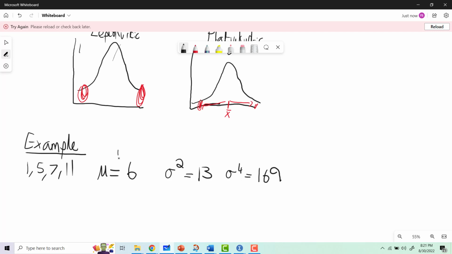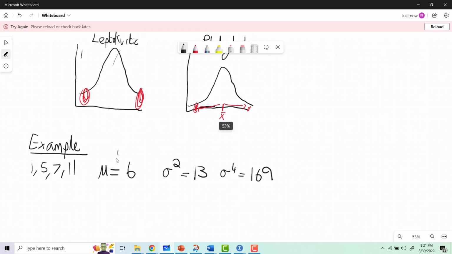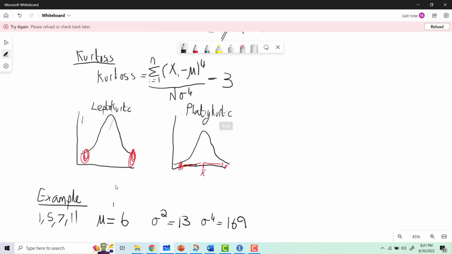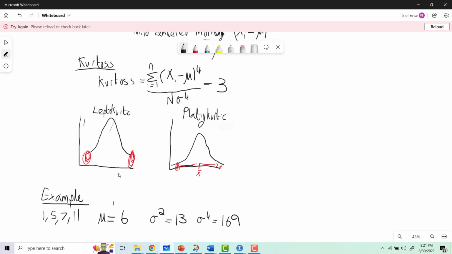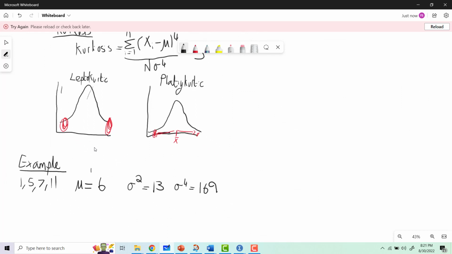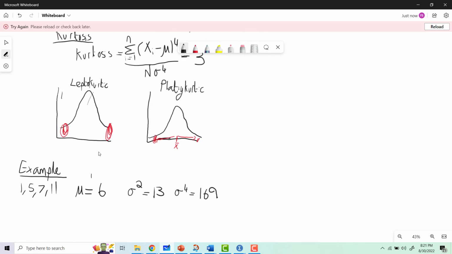So let's just go back to the equation, so we can see it a little bit. We want the sum of (xi minus mu) to the 4.